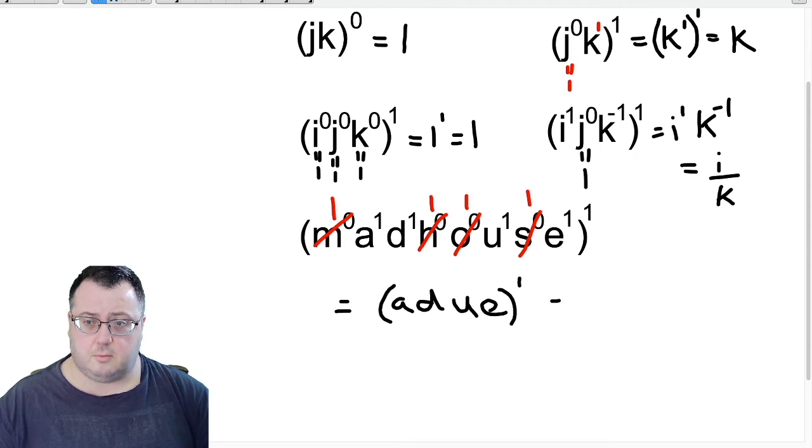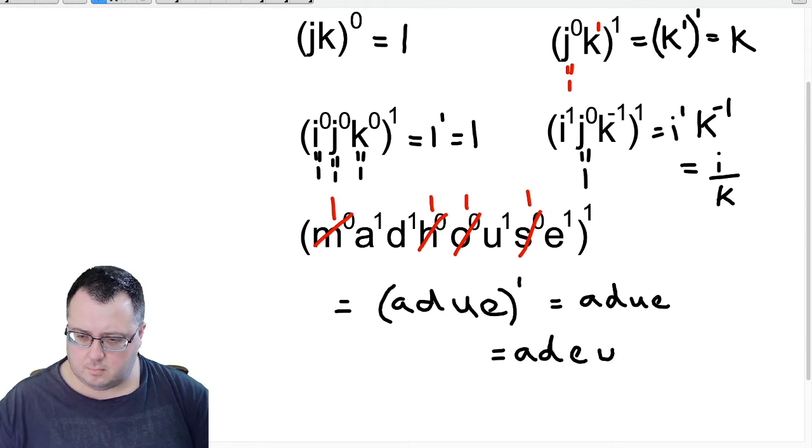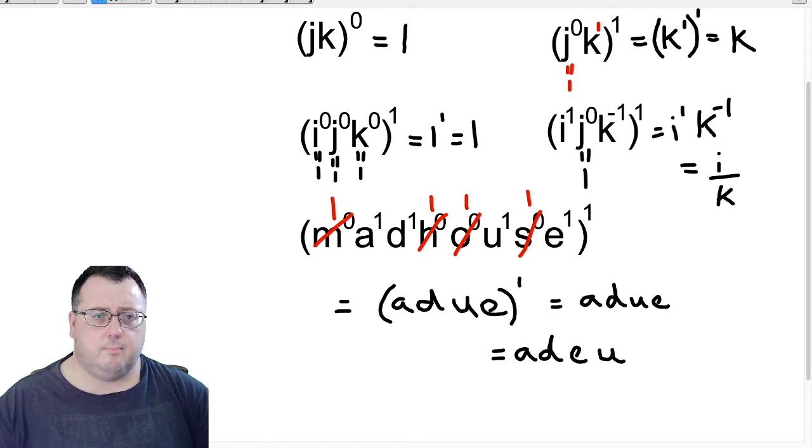And anything to the 1 is itself, so we will get ADUE. But we usually write this in alphabetical order, so it will be A, D, E, U. Okay. So ADEU is your answer for this.